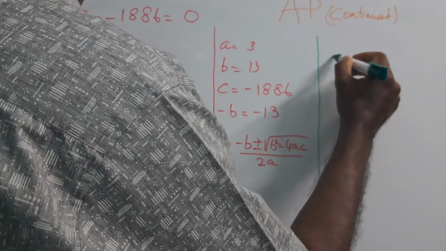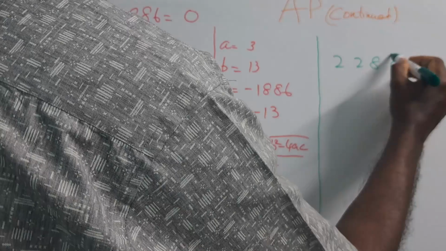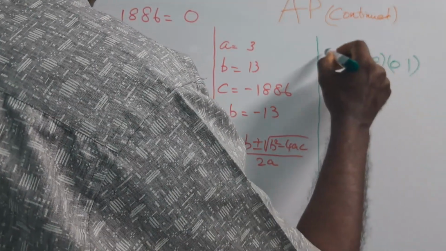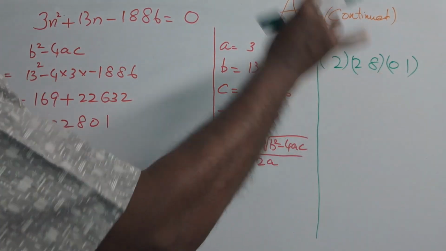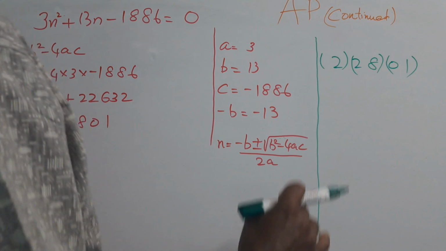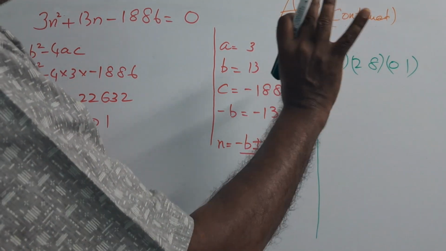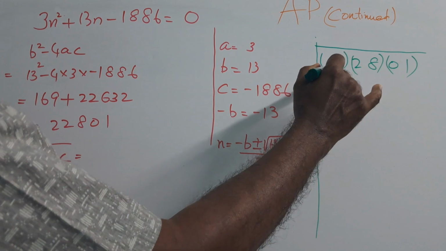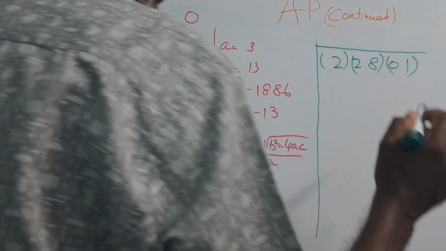We have 22,801. First group is 0, 1. Second group is 28. And the last group from right to left is 2. If there is only one digit, then it's okay. In this question, we have only one digit in the first group.